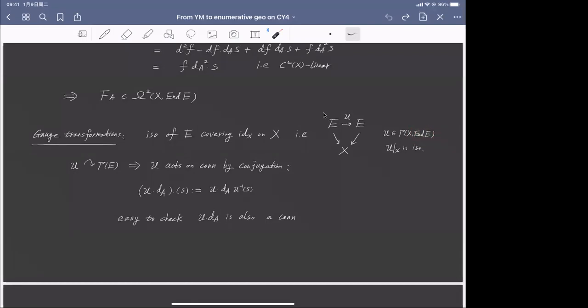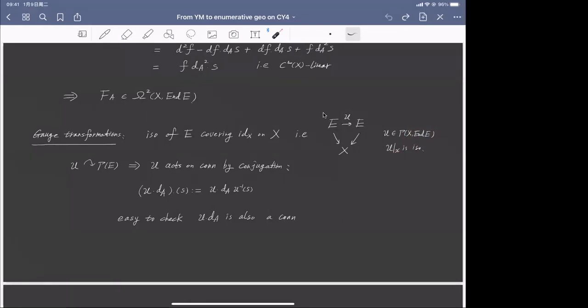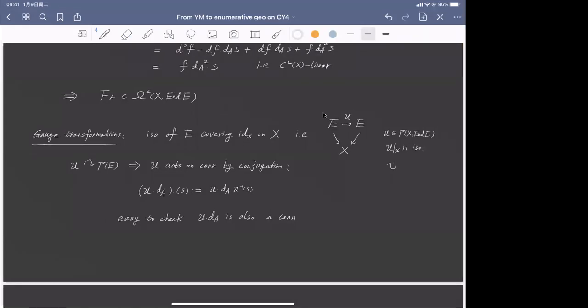So this means that at any point small x, it's a small x, not large X. Sorry, of course. So my question didn't make sense. Okay, small x is in capital X. Okay. Thank you.